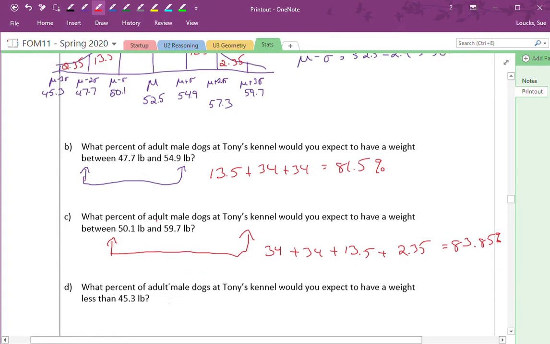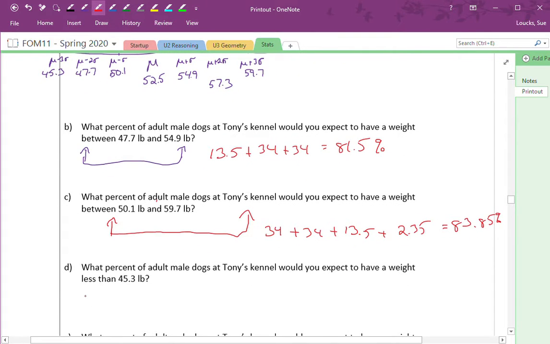So this one is going to be 50, and then we're going to take away the 34, and we're going to take away the 13.5, and we're going to take away the 2.35, and that gets us 0.15%. So that's a very small percentage.